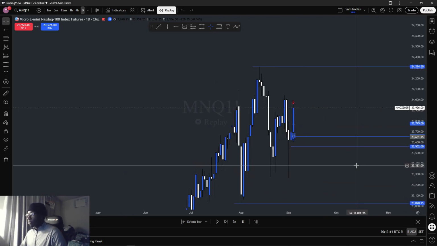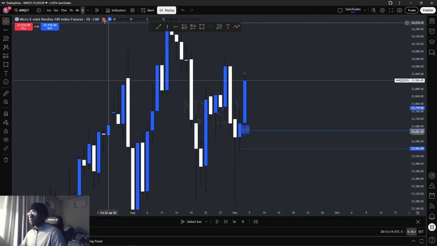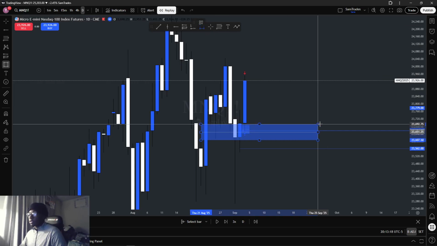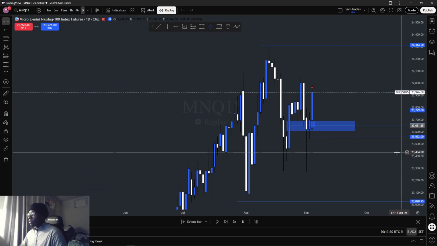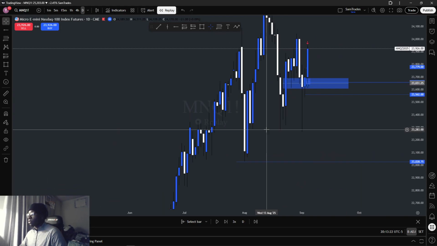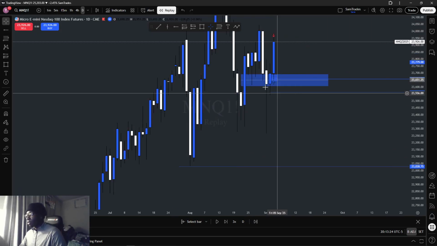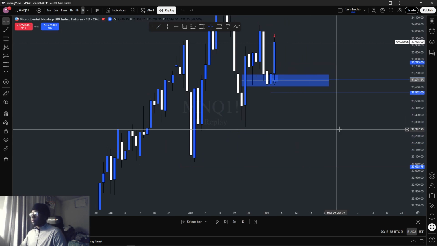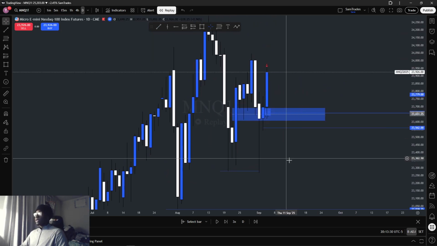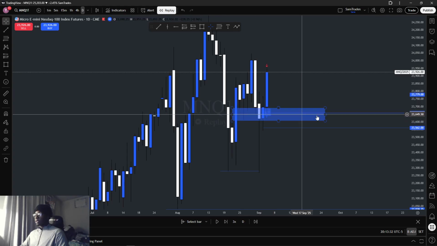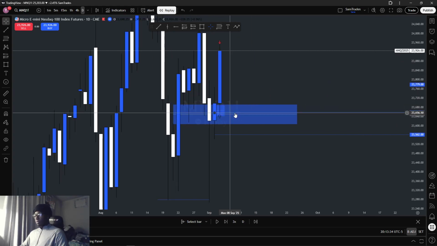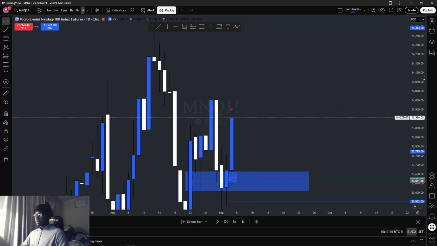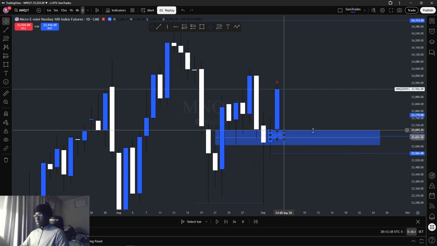My overall bias was bullish, and it was bullish because we're inside this daily gap right here. We had taken out this low right here, and I wanted to see us bounce off this gap and proceed higher, which is what we did.